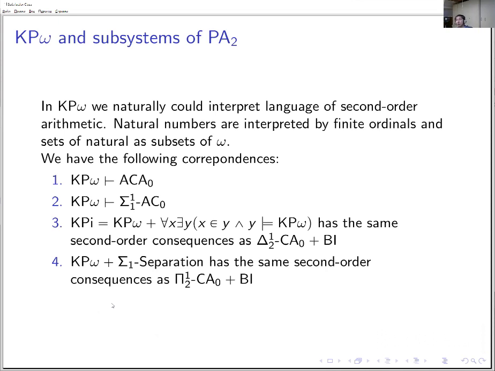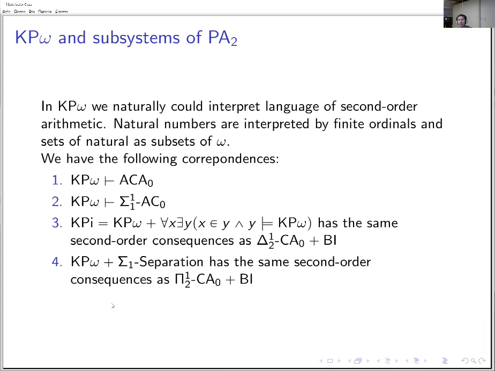However, if you add the axiom of infinity, you already get a much stronger theory. It corresponds to what is known as the theory of positive inductive definitions. And this was very important here.